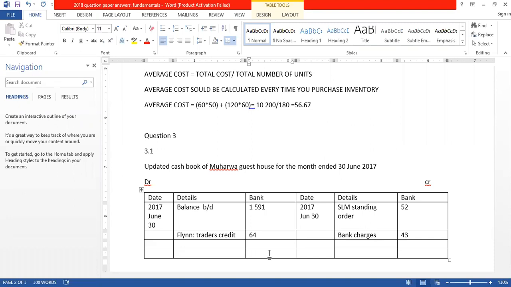Just hold on, my calculator is not working properly. What is 1,591 plus 64? Can somebody please give me the answer?